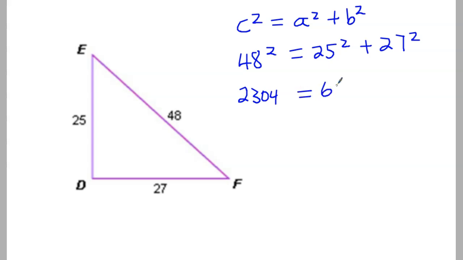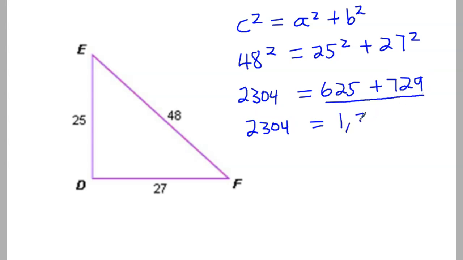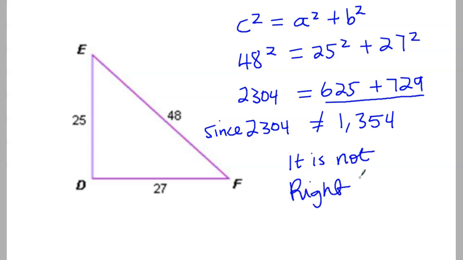This one will give us 625 plus 729. Add these two together, we get 1,354. Okay, so we can say that since these two numbers are not equal, it is not a right triangle.